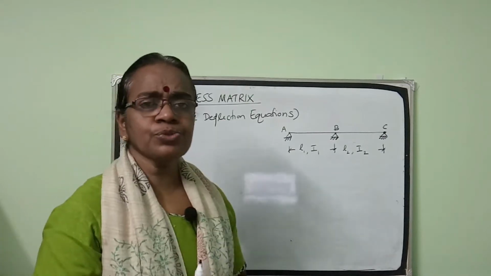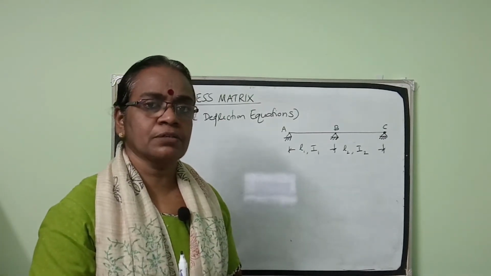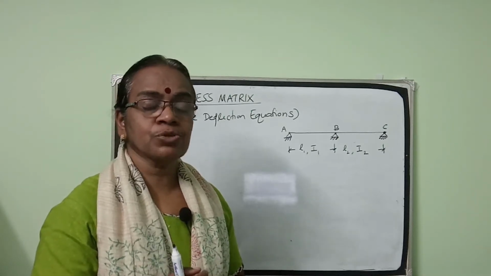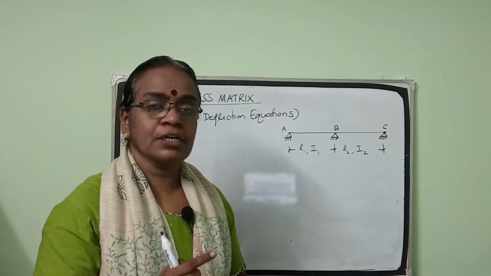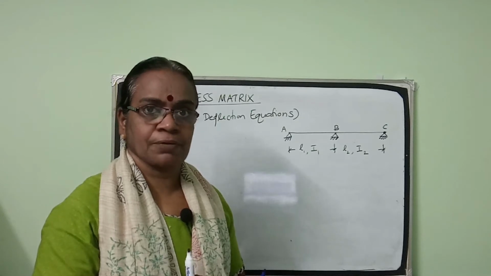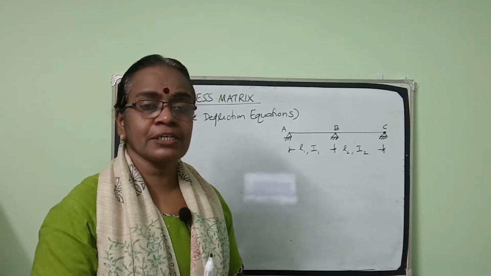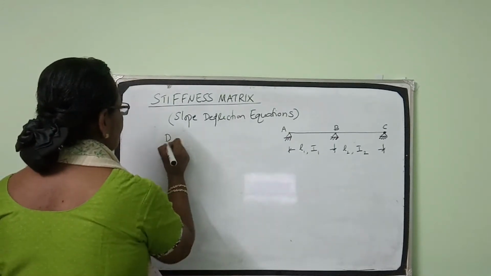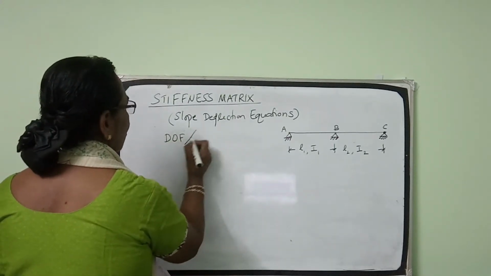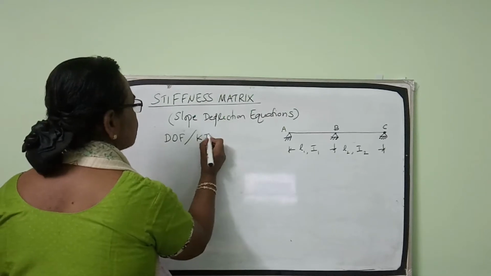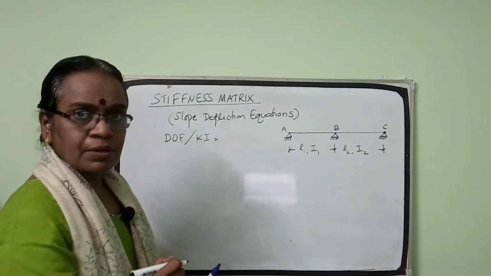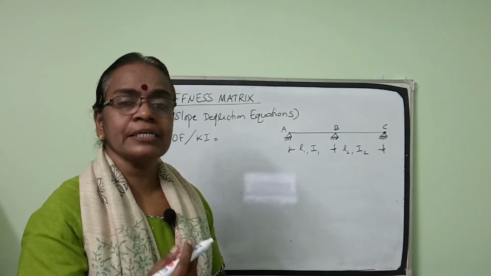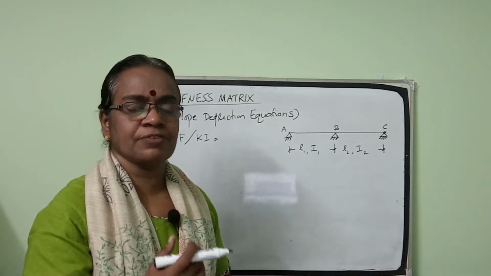So, in order to analyze by slope deflection method or the displacement method, the first step is to identify the degree of freedom or kinematic indeterminacy of the structure. Kinematic indeterminacy is the number of possible independent displacements in the structure.